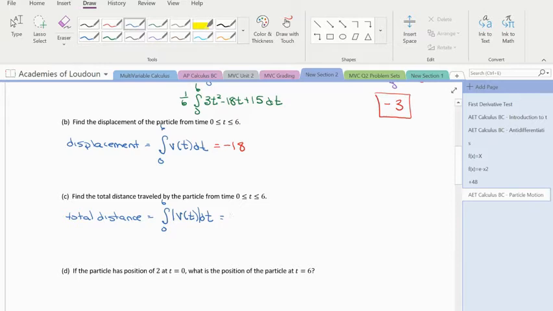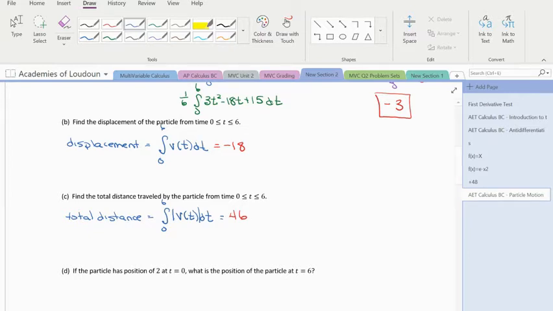So in this case, we have two options. We can solve this by putting the velocity function in the calculator using the absolute value, and we're going to find that our total distance traveled is going to be 46. Now, if you don't have a calculator, you need to figure out where the function changes from positive to negative and then back from negative to positive.